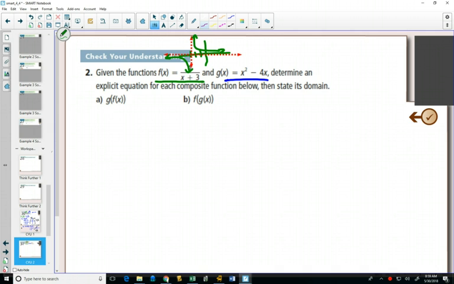For g of x equals x squared minus 4x, what I would do to graph that one, probably the easiest thing I can see, is I would quickly factor out the x and see that I have x-intercepts at 0 and 4. And since it's a positive parabola, I know that it is opening up.